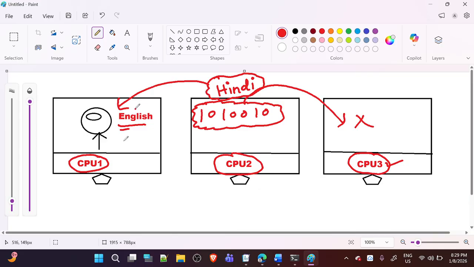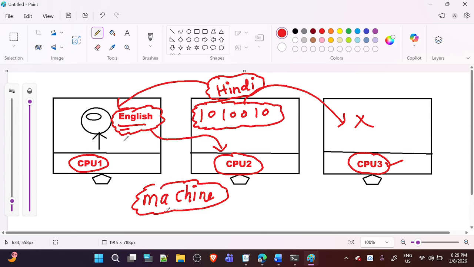And if this machine understands English, that English language cannot be understood by this Hindi person. Similarly, machine instructions are platform dependent.